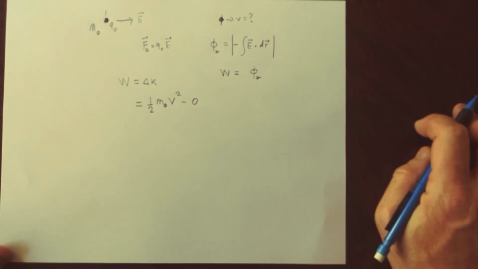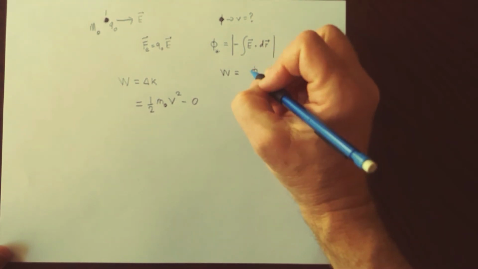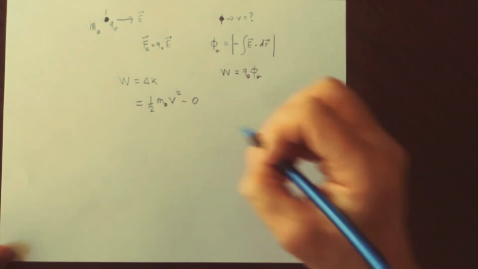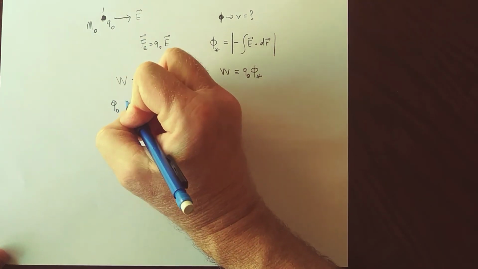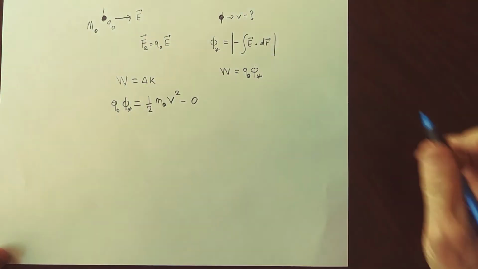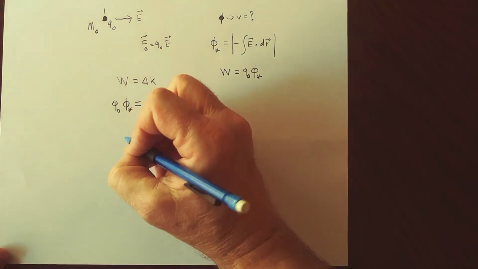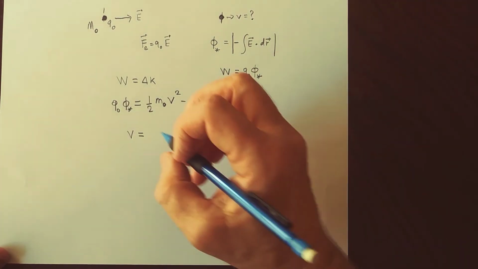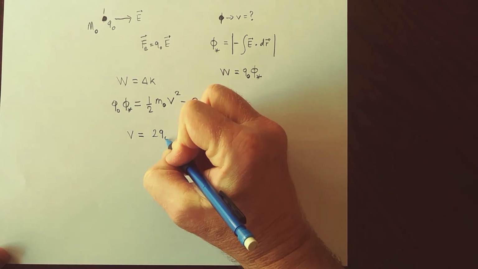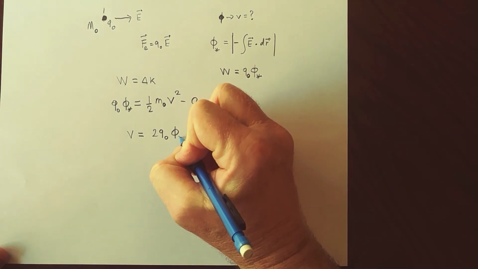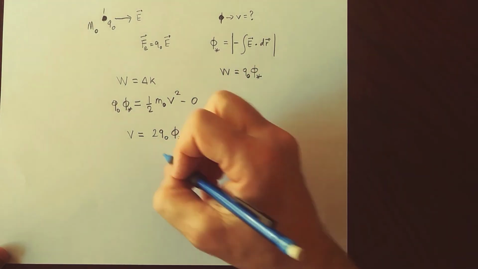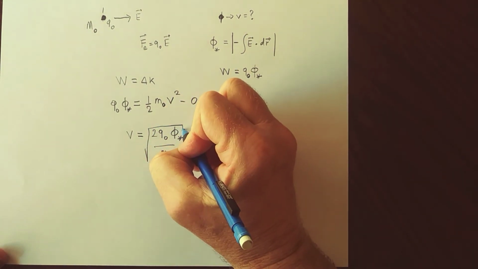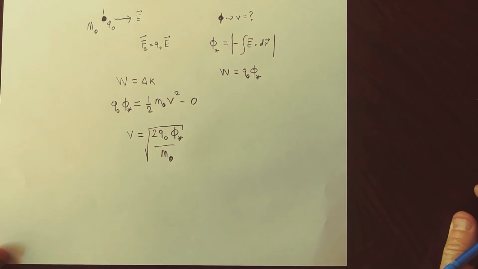That's a work per unit charge, so we need to throw in the charge, which in this case is Q naught. And so we have Q naught phi star equals 1/2 m naught v squared, and so the final speed at this point is the square root of 2 Q naught phi star over m naught, and we take the positive value of that.